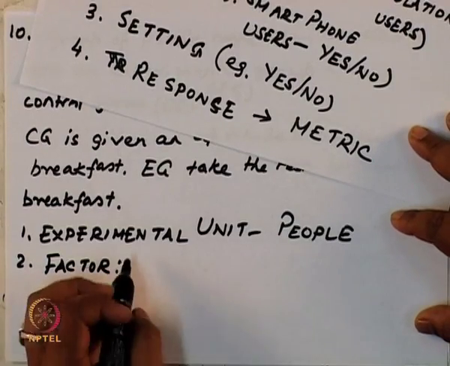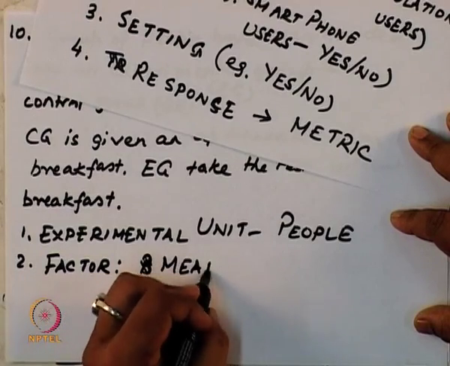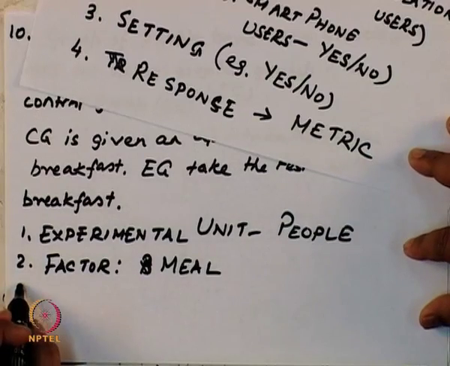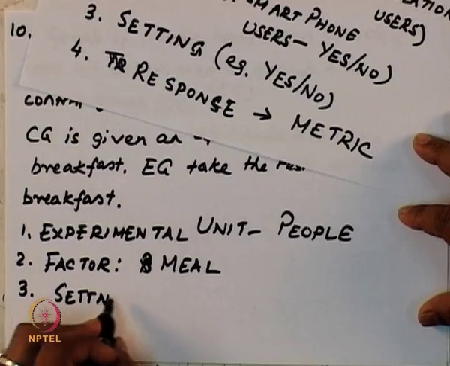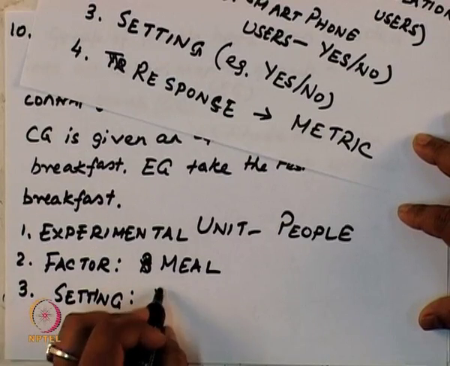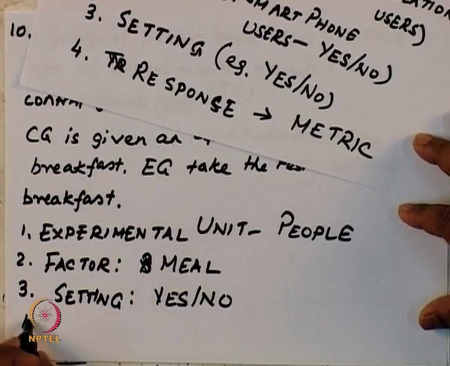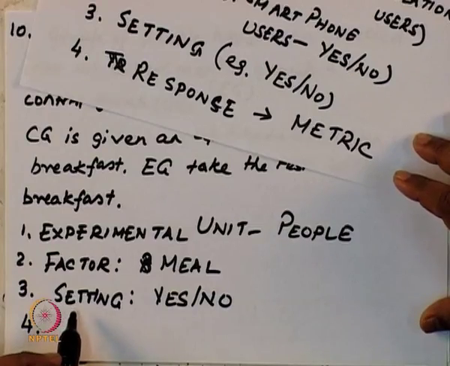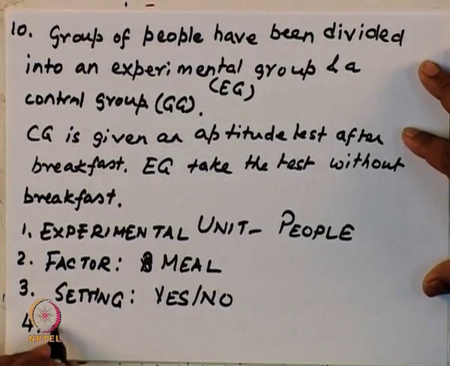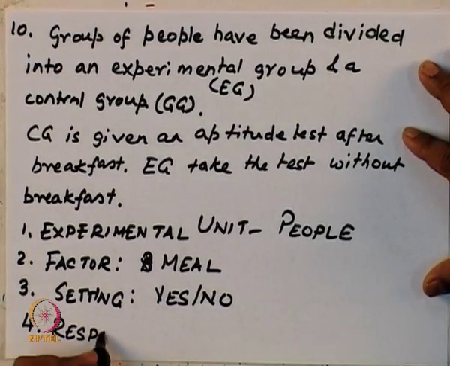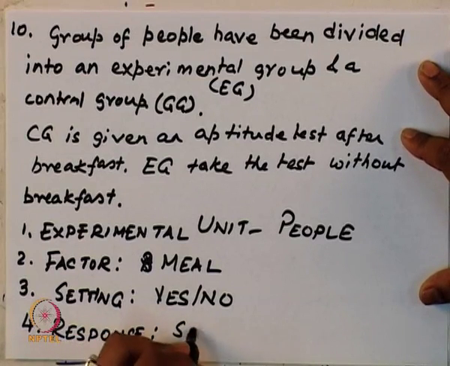The factor is your breakfast or meal, because you want to probe the effect of the meal. What is your setting? Whether it is yes or no. Your treatment or setting is both the same, because the treatment is either they have had the breakfast or they have not had the breakfast. And what is your response? It is your aptitude score.